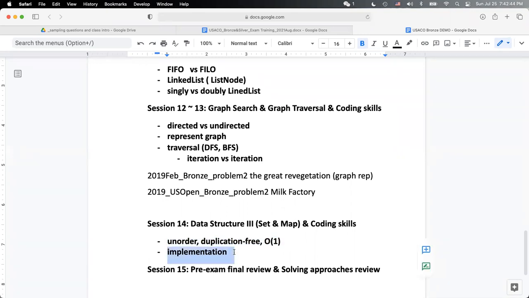And in terms of implementation, it's trying to help you understand why on average it is O(1) instead of linear time if you have a lot of collisions.